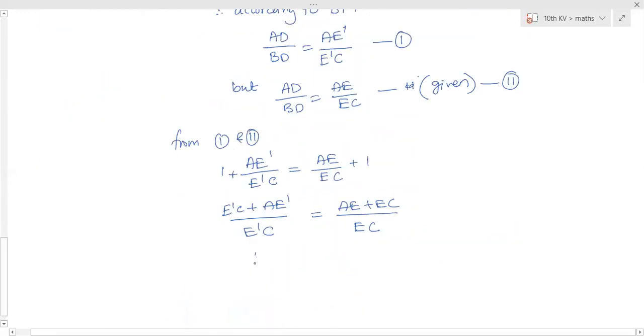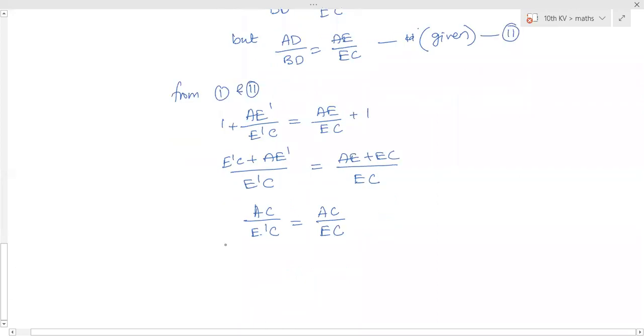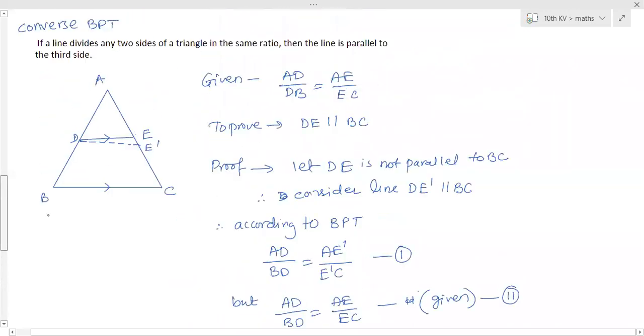So this sum is AC by E dash C, and this sum is AC by EC. The numerators are both AC. To make this fraction and this fraction equal, the denominators should be equal. Yes, ma'am. So therefore, E dash C is equal to EC. So we have proved that from point C, E and E dash are at equal distance.